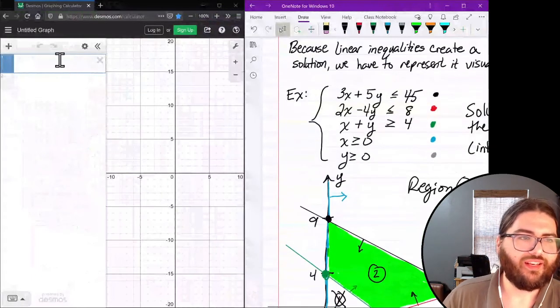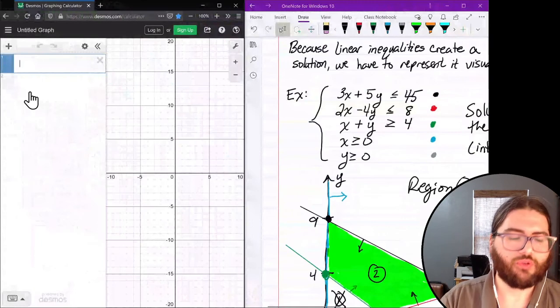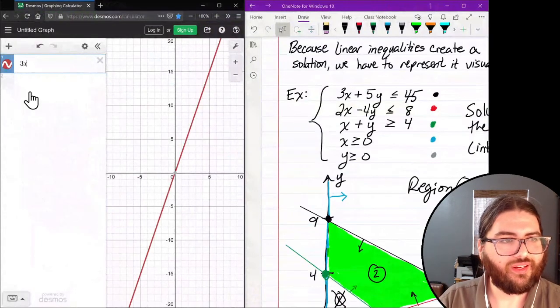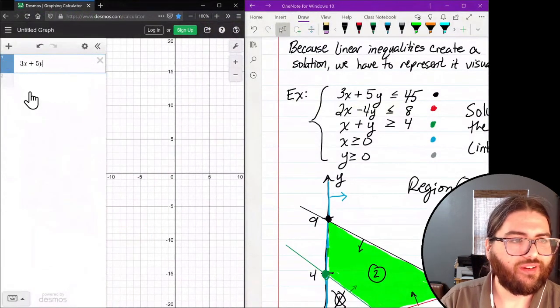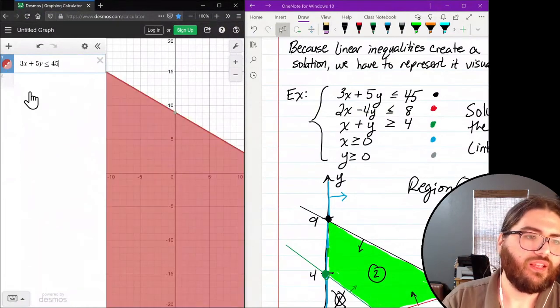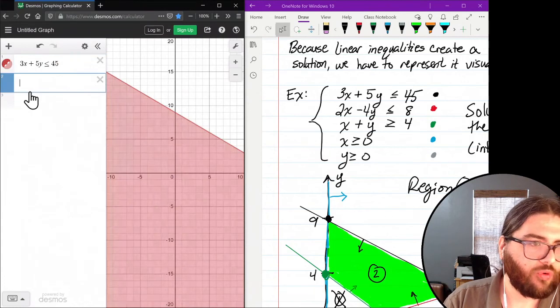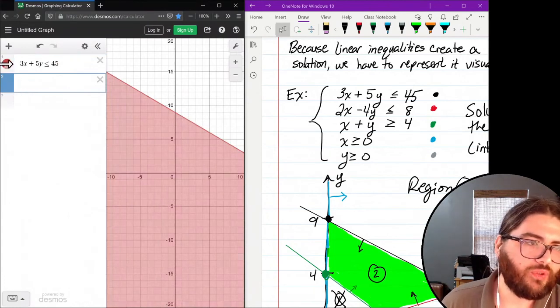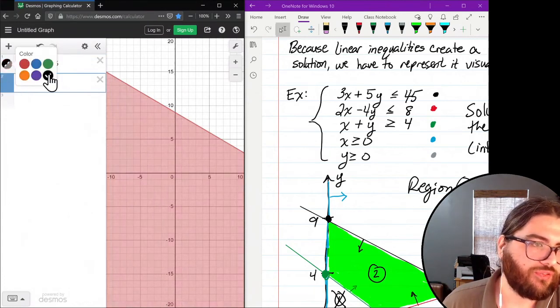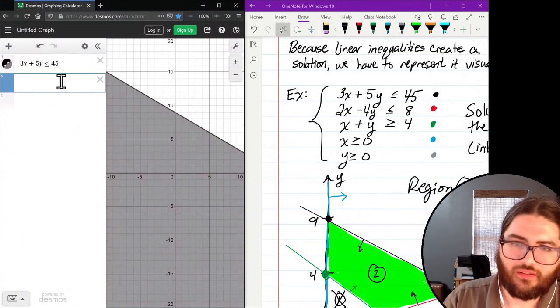Now I'm dual screening like a pro. 3x plus 5y less than or equal to 45. Notice how Desmos applies the shading for me. That's nice. I'm going to tell Desmos to match my colors from OneNote if it can.